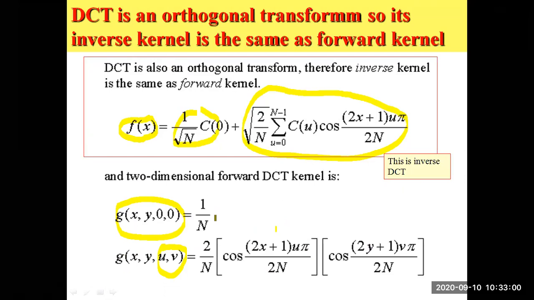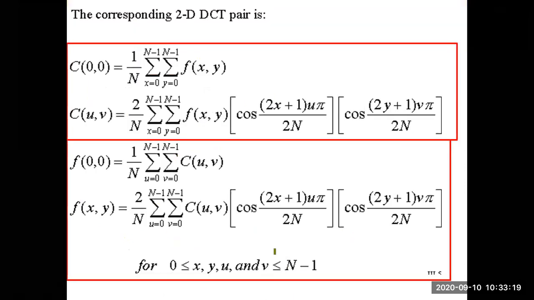Then your formula also changes: 2 by n into the terms for the x direction and the y direction, x direction for rows and y direction for columns maybe. Then you get the two-dimensional discrete cosine transform kernel. Kernel means a matrix, so based on your number of sample points, we can form a matrix for this also, just as we form the matrix for the discrete Fourier transform.